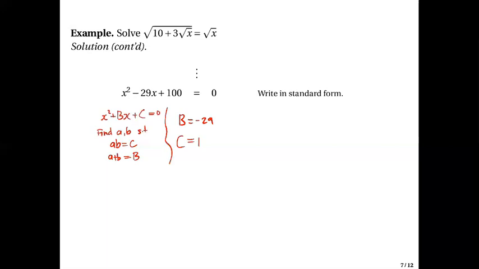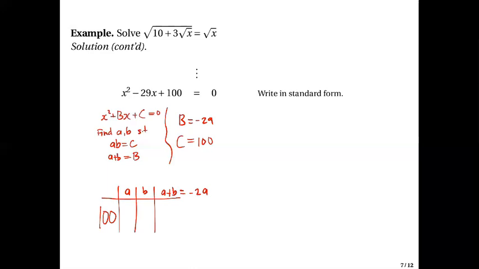Our C is equal to 100. So we want to find A and B such that A plus B is equal to negative 29. In here, you have 100.